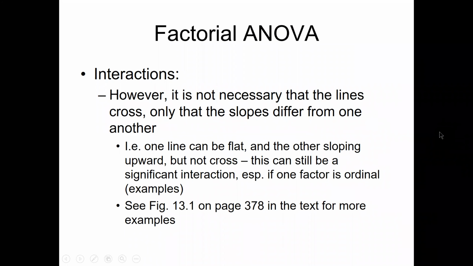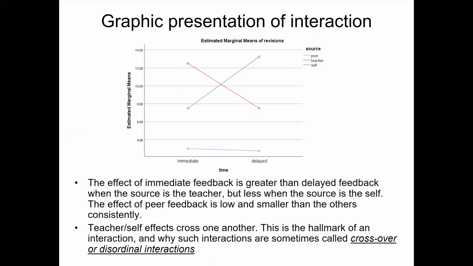With these interactions, it is not technically necessary that the lines cross. The lines can take different shapes. The fact that this line is so flat compared to these other lines that are at an angle could indicate an interaction.